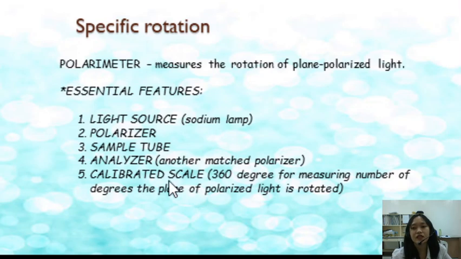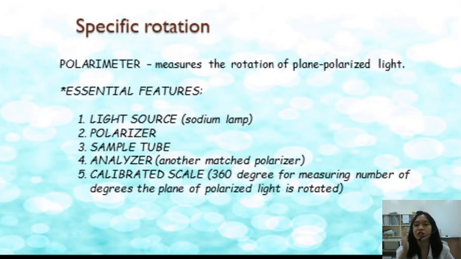Your calibrated scale, 360 degrees, is the one that measures the change or the rotation of the plane polarized light when light is passed through your sample contained in the sample tube. So, kung gaano ka optically active yung sample mong substance, ang calibrated scale ang magme-measure niyan.